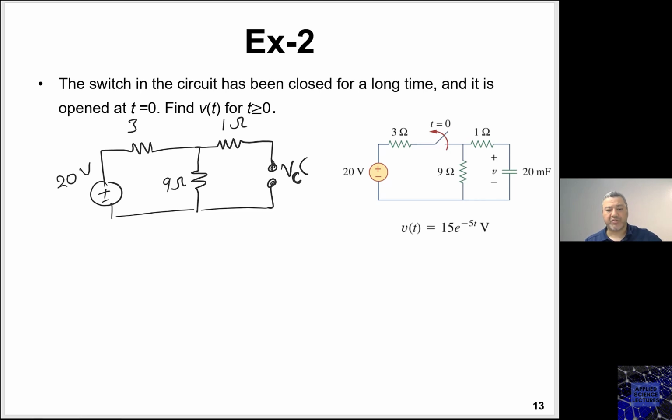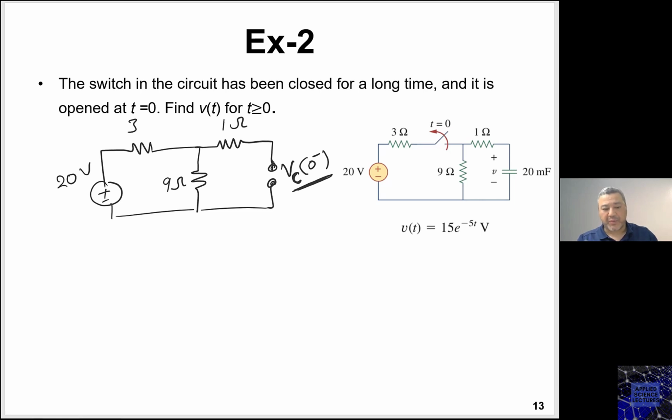Why did I call it 0 minus? Because the question is telling me the following: at t equals 0, the switch is going to be open. So this is the last moment before the switch was open, and it's coming from this circuit that is at steady state. Why? Because the switch has been closed for a long time.